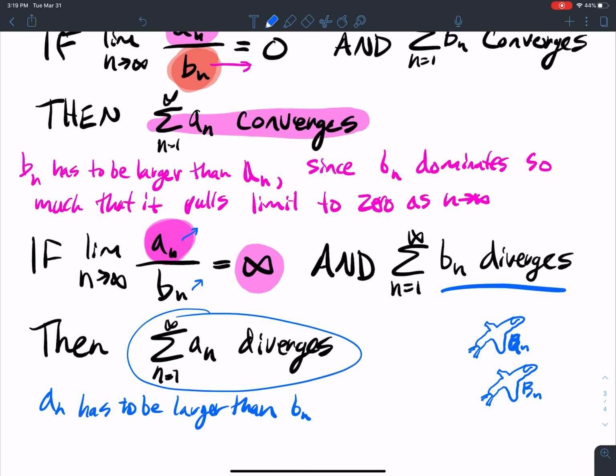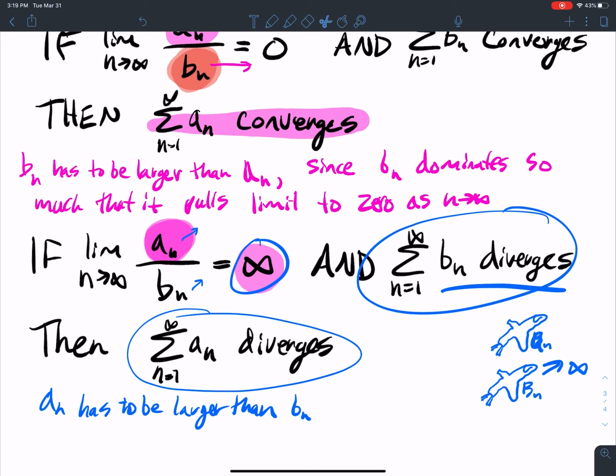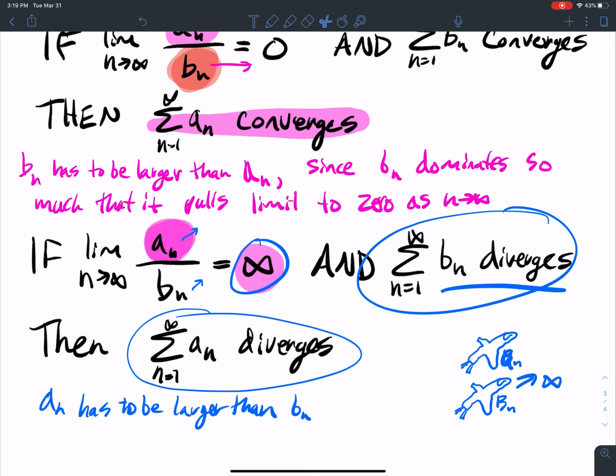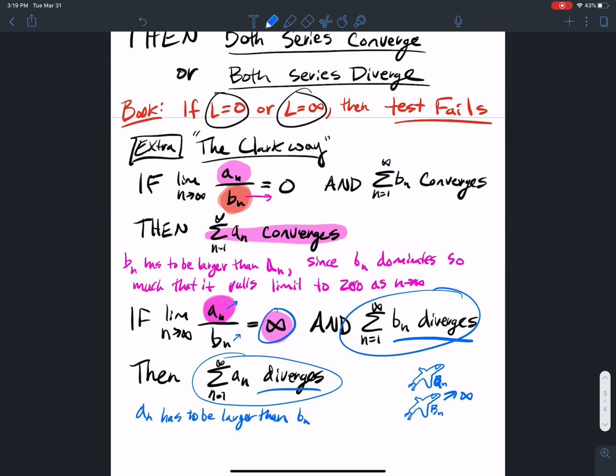If I know that the b n is going off to infinity, I know that it diverges, and this is going to infinity here, that means that a n is dominant. It's more dominant than the b n. So what is the b n going to do? It's going to force the a n to go off to infinity with it. Okay? So it forces the divergence here.